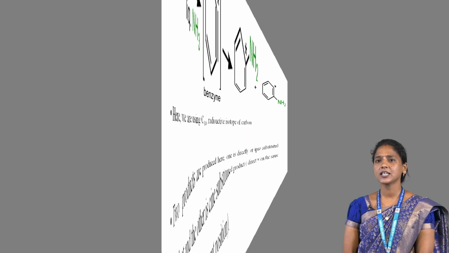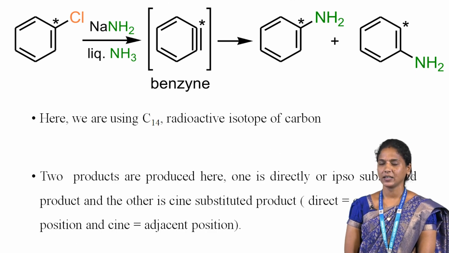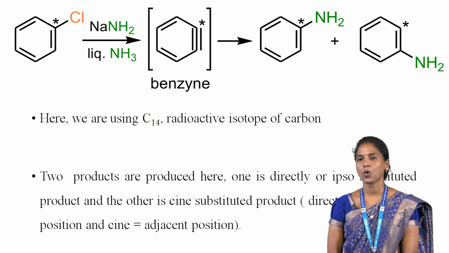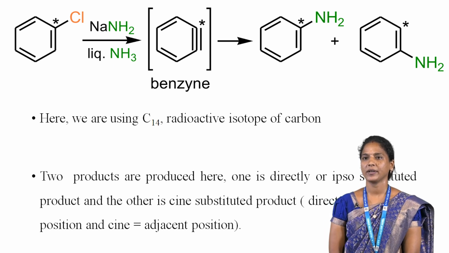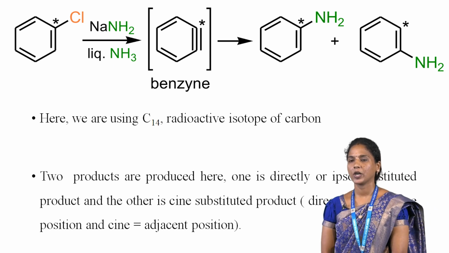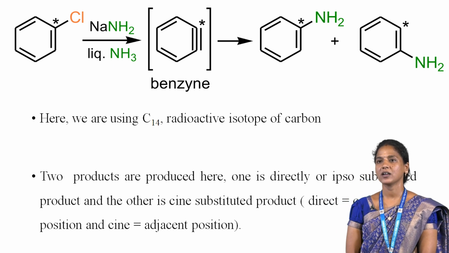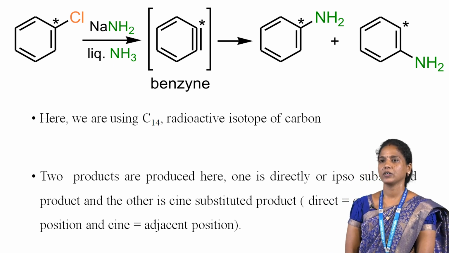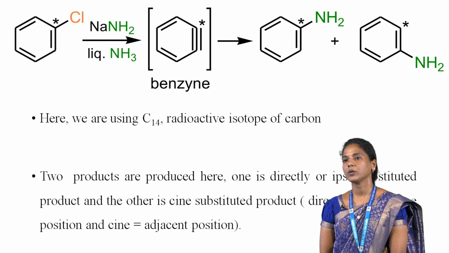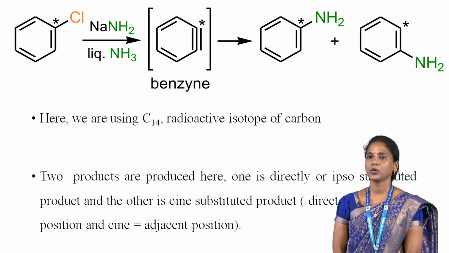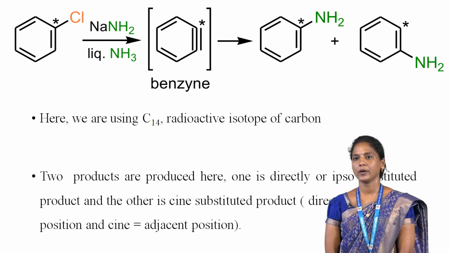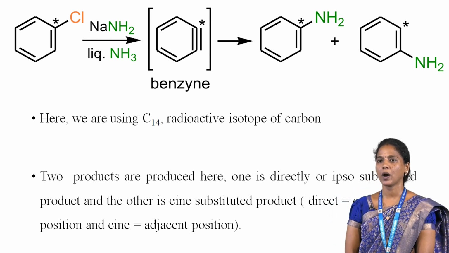This is the example of chlorobenzene. Chlorobenzene reacts with sodium amide in liquid ammonia to give benzyne. It is one of the transition steps, and then it goes further to give the product, ortho and meta aniline. Here we are using C14, meaning carbon-14, the radioactive isotope of carbon.